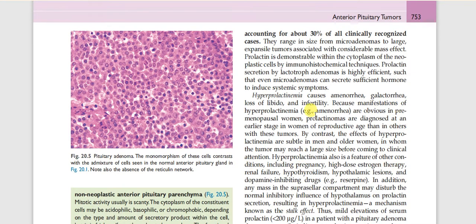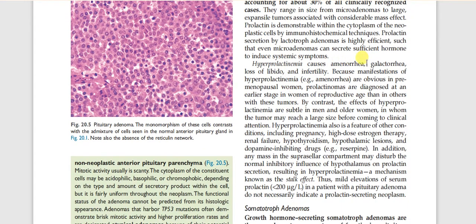Hyperprolactinemia is usually caused by microadenomas. Patients with this pathology usually go to a urologist or gynecologist because of infertility.